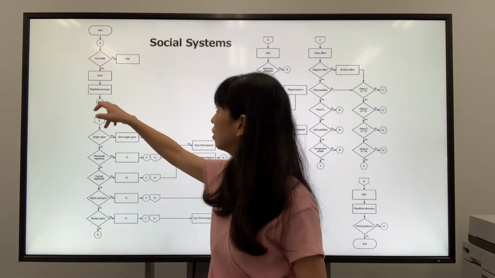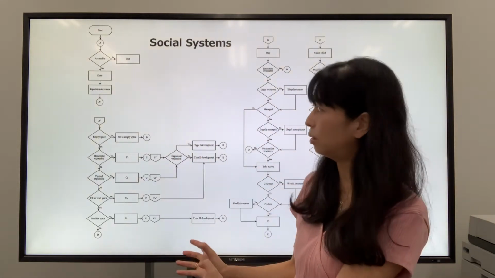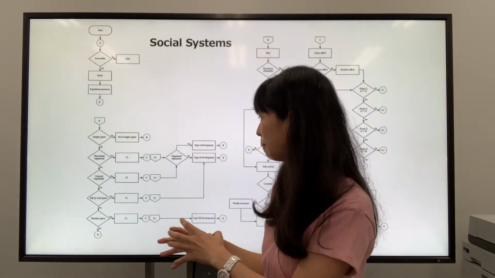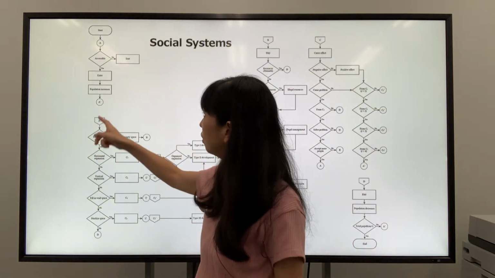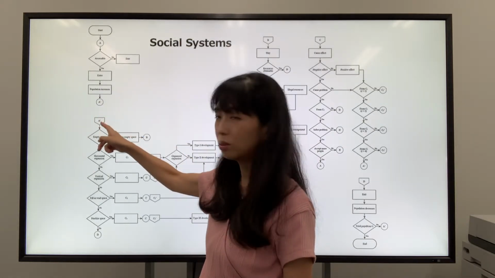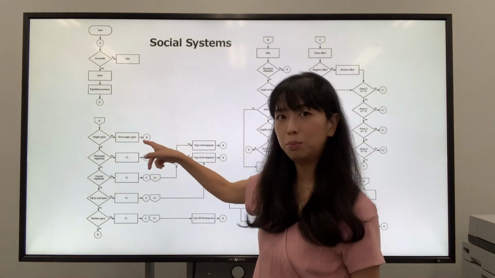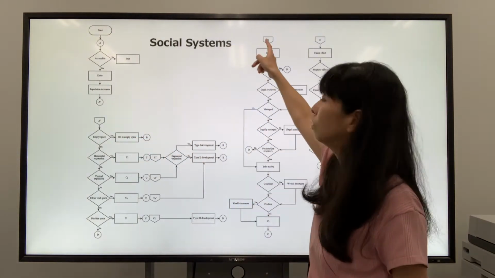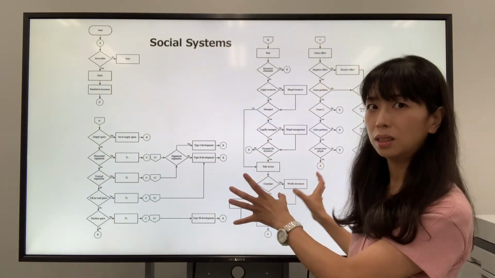The circle ones jump to another system or another rule. In this case, it will jump to A dash. For example, the moment it reaches this B, it will jump to the B flow. So this is the way to read the diagram.